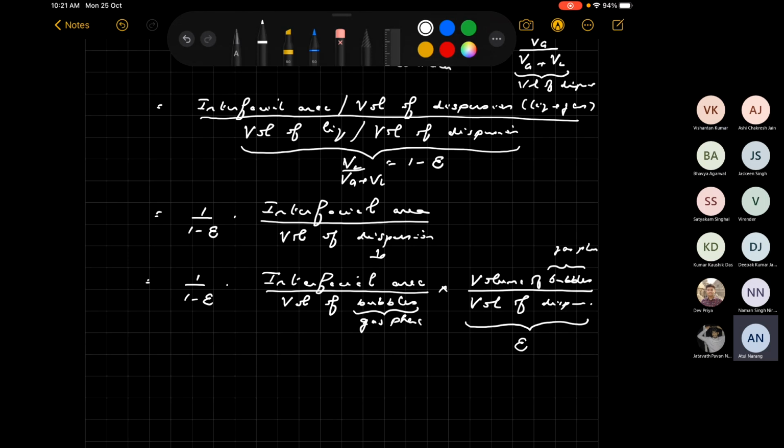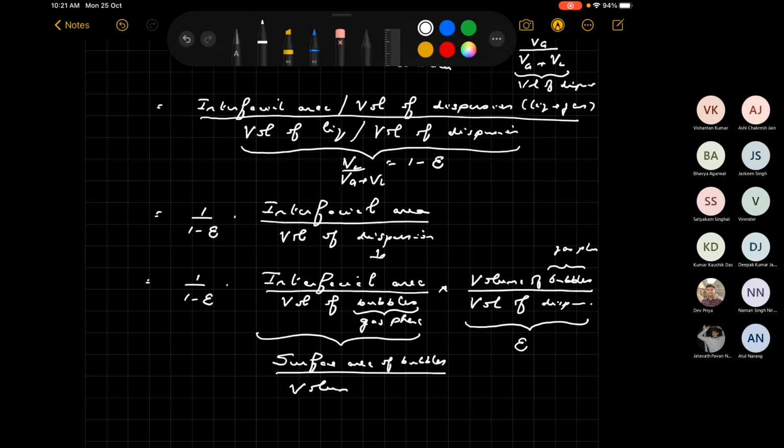Now let's take a look at the quantity on the left. On the left, the interfacial area per unit volume of the gas phase is nothing but surface area of bubbles divided by volume of bubbles.